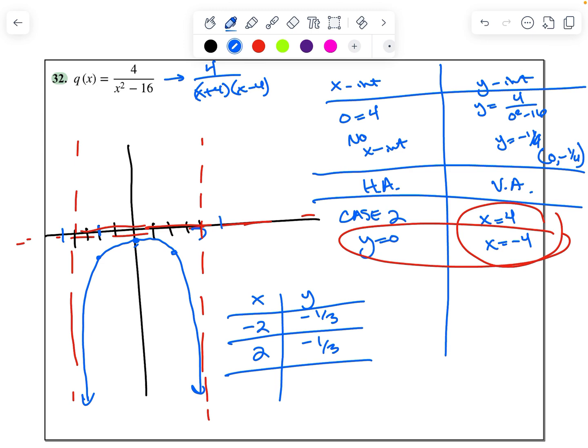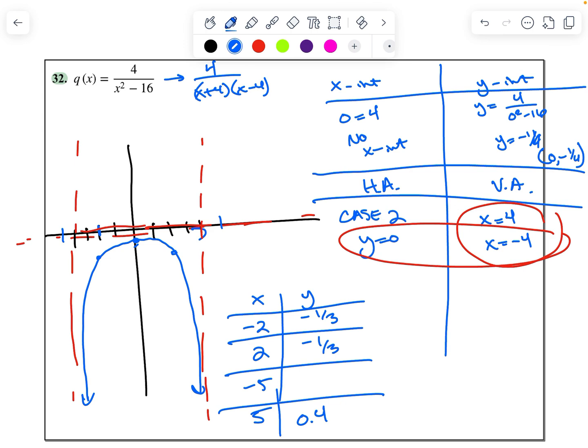So now I need something out to the extra wings, maybe a negative 5 and a positive 5 to see. I bet those are above this axis. Typically, they do flip-flop. So if I plug in a 5 and a negative 5, 4 over 5 squared minus 16. That's 0.4.